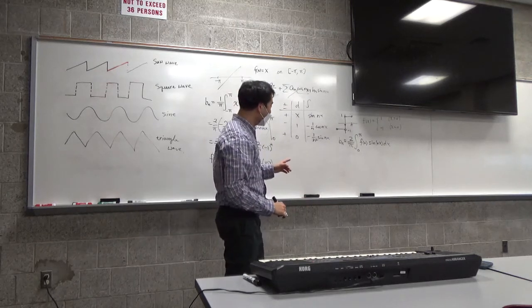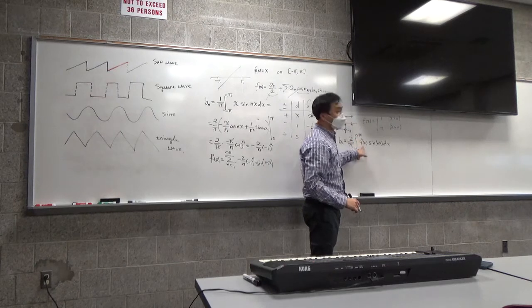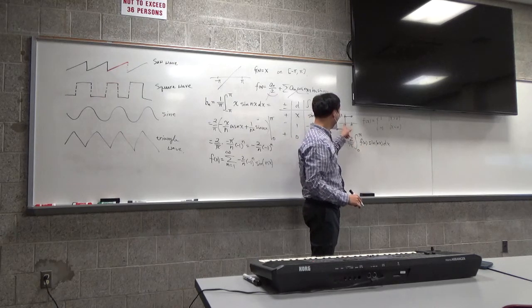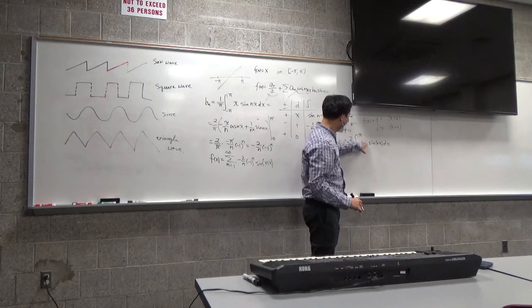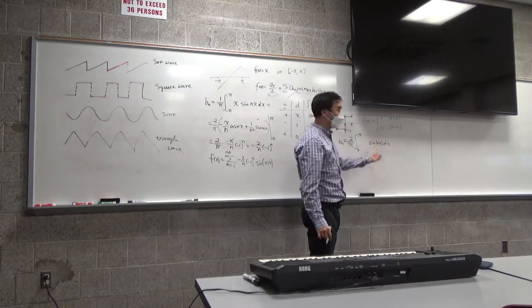But wait, since f of x is being evaluated only from 0 to pi, what is f of x? From 0 to pi, what is f? 1. So even this is not needed. And that's just an integration anybody can do.